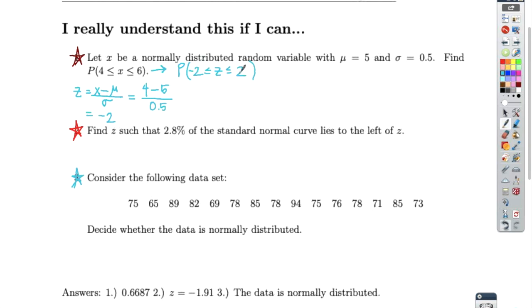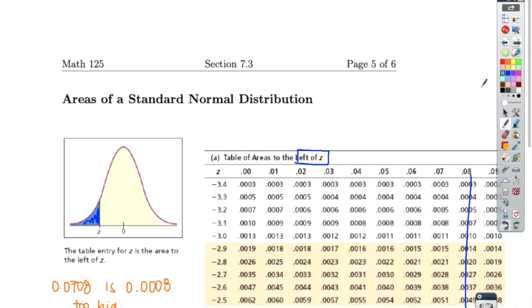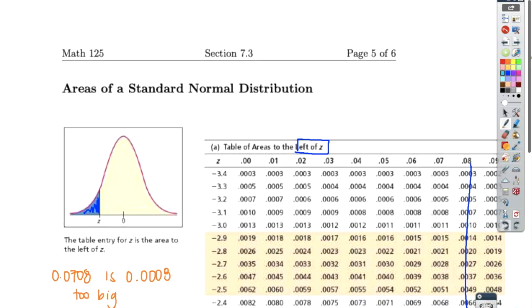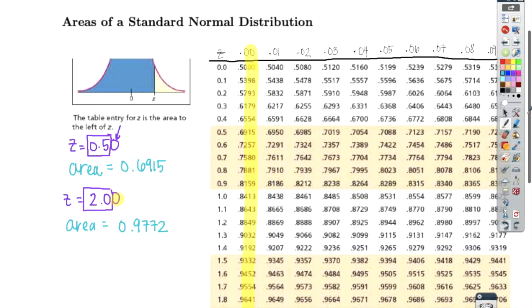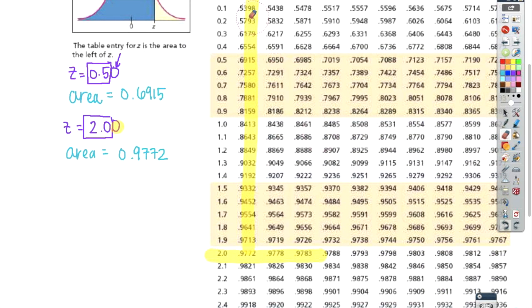And remember, probability is the same as area under the normal curve. So really I'm just looking for the areas associated with these two values, and then I'm going to subtract larger area minus smaller area. Okay, so I'm going to go to my table, and I'm going to start with finding the area for z equals positive 2. I've really made a lot of a mess on here.